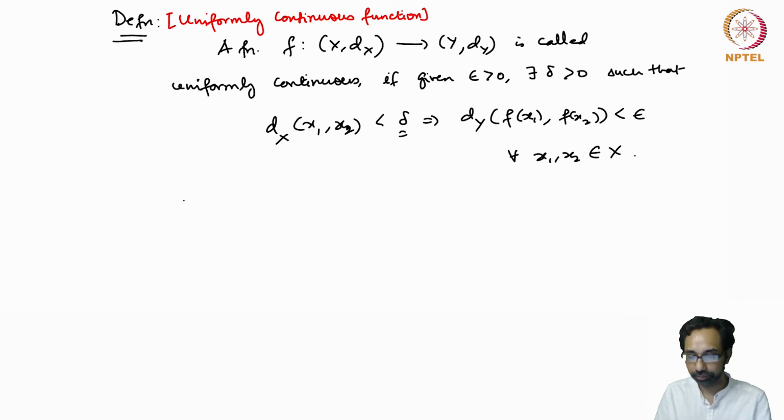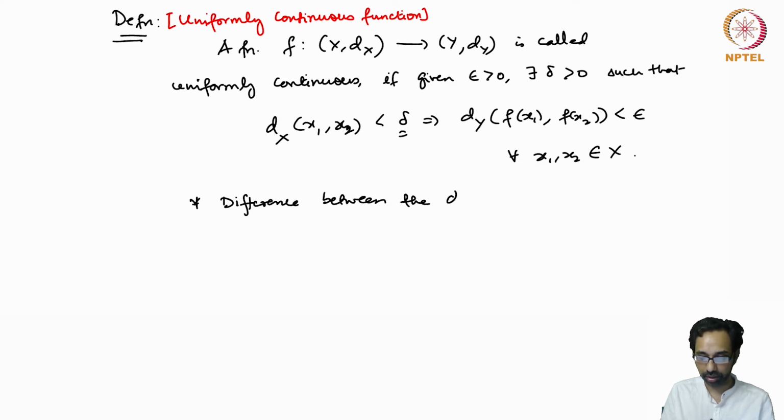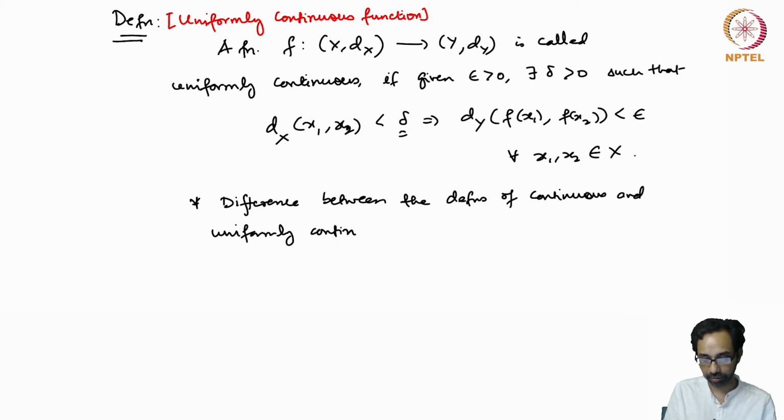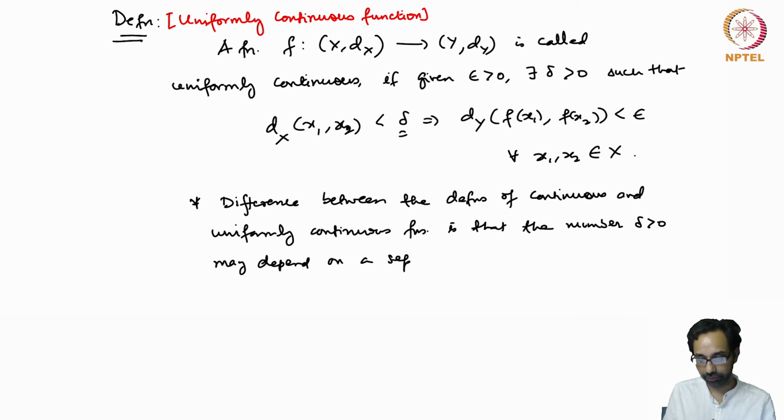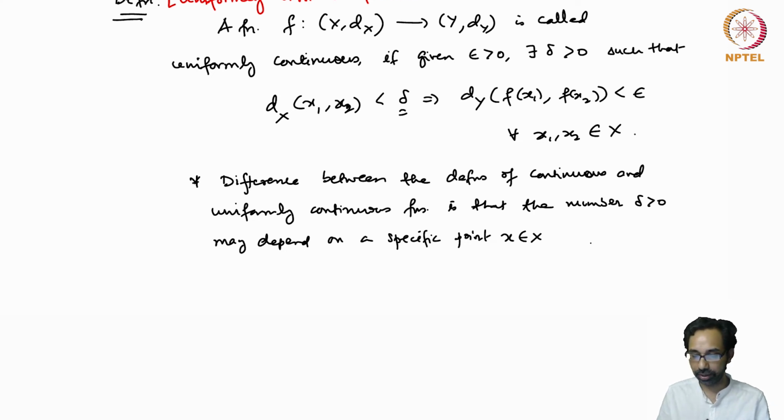The only difference between the definitions of continuous and uniformly continuous functions is that the number delta greater than 0 may depend on a specific point x, meaning that different points might have different deltas.